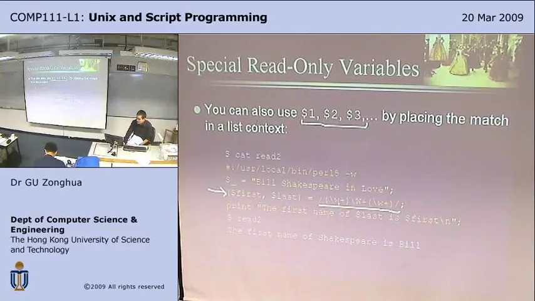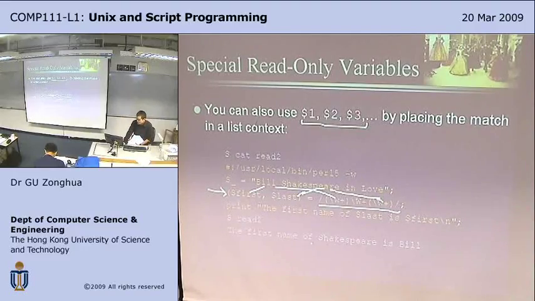So it'll store $1 in first as Bill. That is the first parenthesis. And the second parenthesis, which matches Shakespeare, will be stored in last.